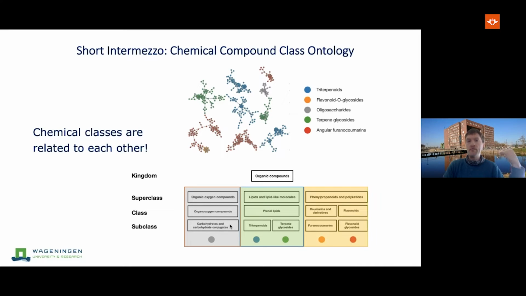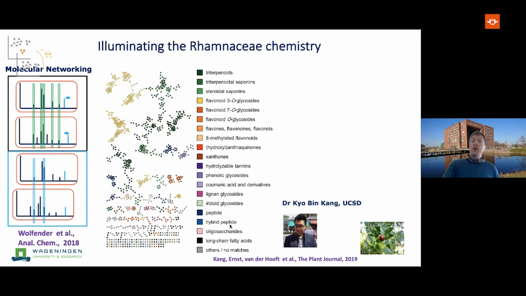That we increasingly get the tools that help us to automatically categorize molecules, and we can use that because when we do a molecular network of this Rhamnaceae data, obtained in negative ionization mode by Kyo Bin Kang, who is now having his own group in Korea. So he obtained the data, and together with him and Madeleine Ernst, we have been analyzing the data.